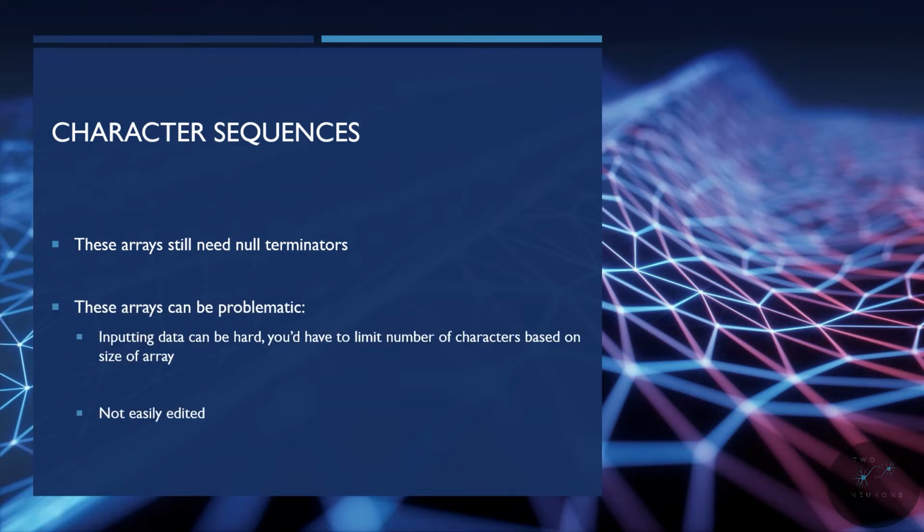If you have a user inputting information, you're going to have to either limit the number of characters they can put in or have a whole bunch of null terminators, as you have to determine the array's size before the array is initialized when the user inputs data. Now, even if you have an array with a size, you still have to initialize it, probably with null terminators anyway, prior to the user inputting data. And you really can't edit this array as easily as you can with strings.